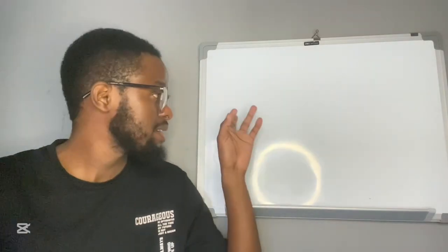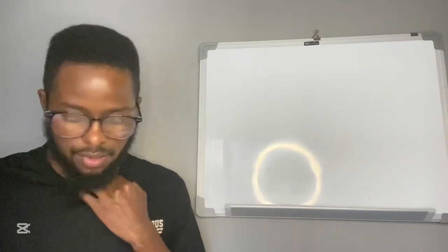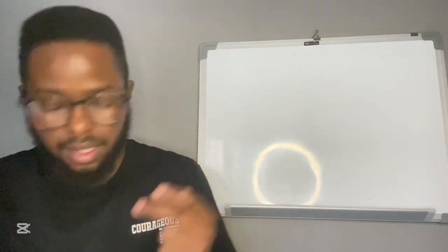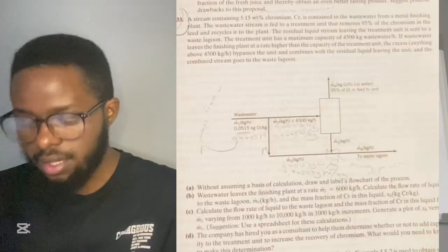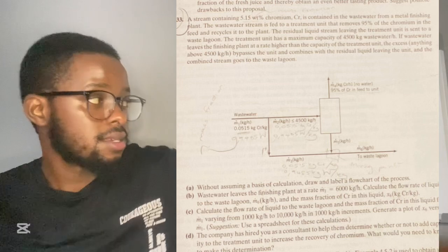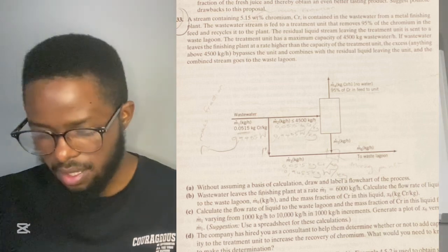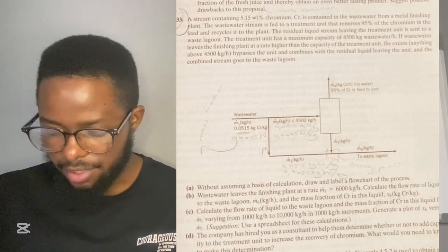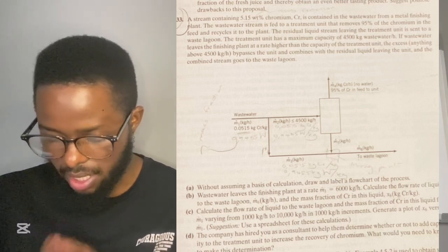So they are saying it arrives at the treatment unit at 6,000 kilograms per hour, right? Calculate the flow rate of liquid to the waste lagoon M6, and the mass fraction of chromium in the liquid as X6.